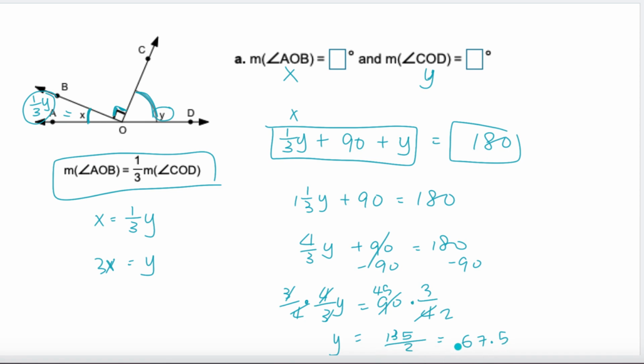If y is 67.5, what is x? x is 1/3 times y. So x is 67.5 divided by 3. And what do you get?